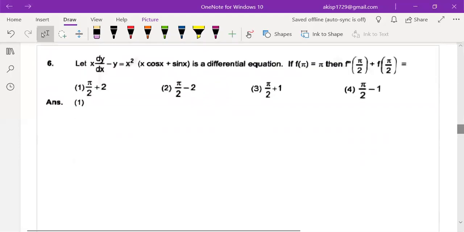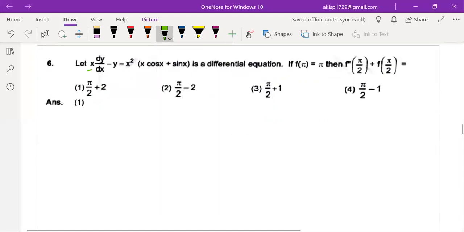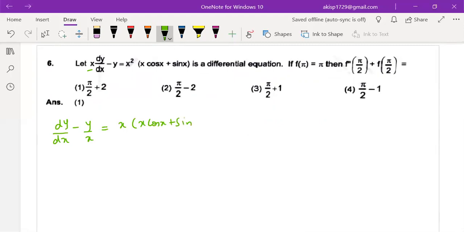So it's a differential equation. Clearly this x part is involved in the differential equation, so I want to get rid of this x part. I'll divide by x. So I see that this expression is dy/dx minus y/x is equal to x cos x plus sin x.